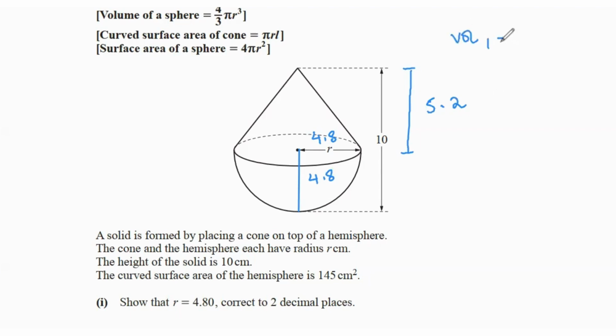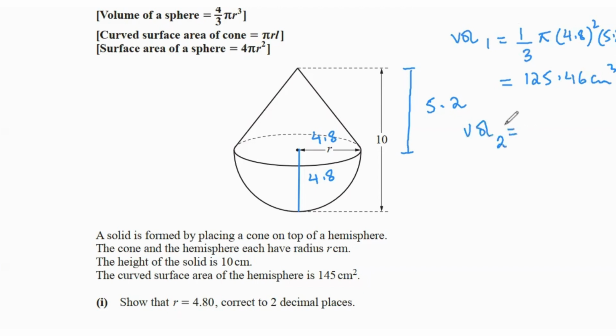So volume 1, which is that of the cone, is 1/3 pi r squared h. That is going to give us 125.46 centimeters cubed.